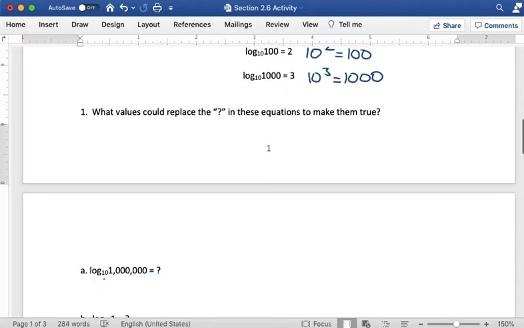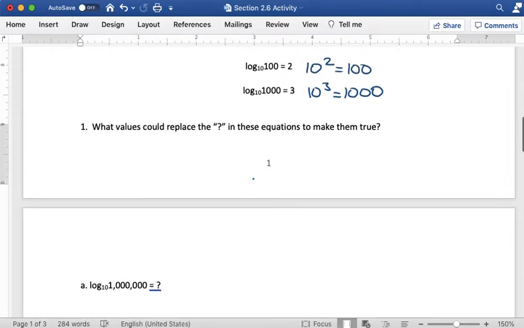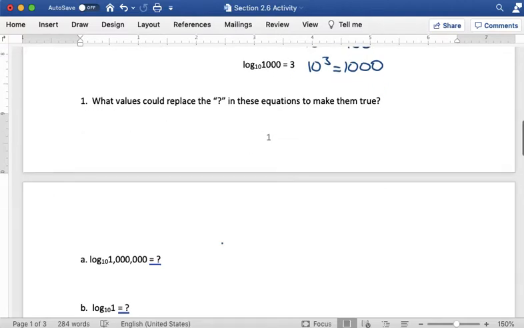The first one is log base 10 of 1 million. So when we look at what's on the right side of the log, we see that that's the power. So 10 to the second power equals 100 and 10 to the third power equals 1000. So 10 to what power equals 1 million? Well, we can use our same strategies that we used in the last video.